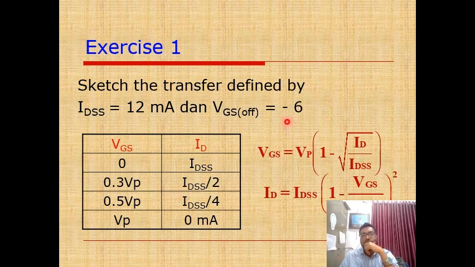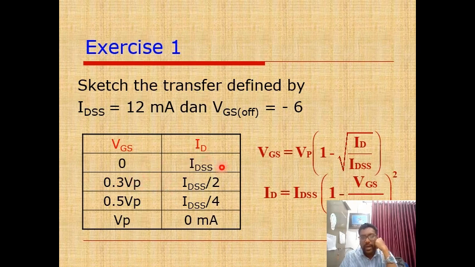Now some values are given over here: VGS equal to 0, 0.3 VP, 0.5 VP and VP, and ID is IDSS, IDSS by 2, IDSS by 4 and 0 milliampere. So VGS here is taken as 0, 30% of the pinch off voltage, 50% of the pinch off voltage, and at the pinch off value.